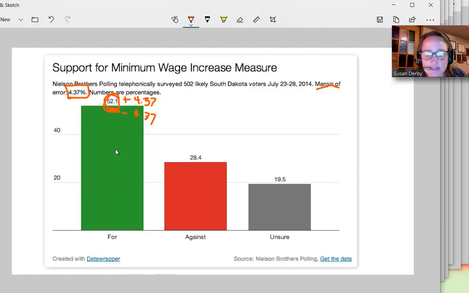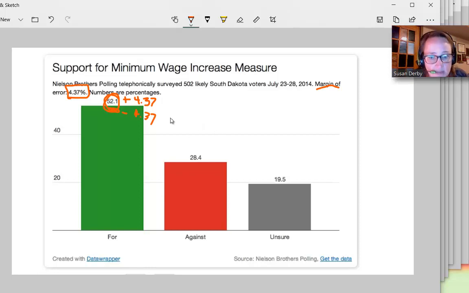Now some of that can really make a big change. If we said 52% of people agree with this measure, the state government might say, hey, this is great, more than half the people agree with it, we should do it. But as soon as we subtract off this 4.37, that number doesn't look as fantastic as it did before.